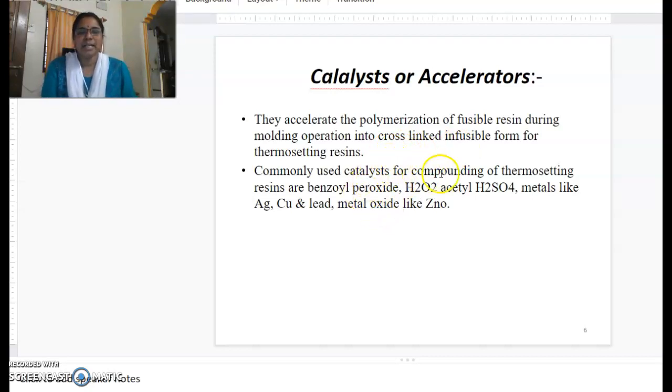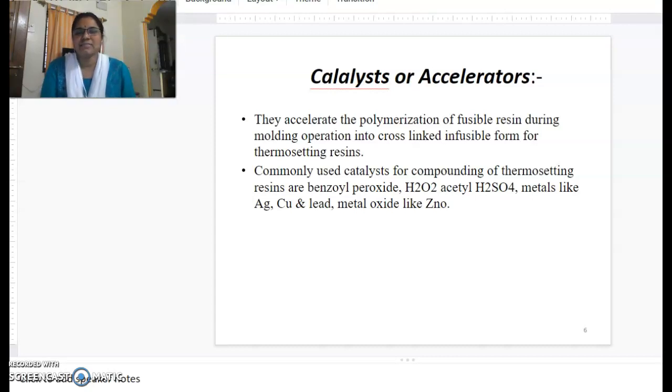Commonly used catalysts for compounding of thermosetting resins are benzoyl peroxide, hydrogen peroxide, acetyl sulfuric acid, and also metals like silver, copper and lead, and also some metal oxides like zinc oxide. Right? So this is about catalysts and accelerators.